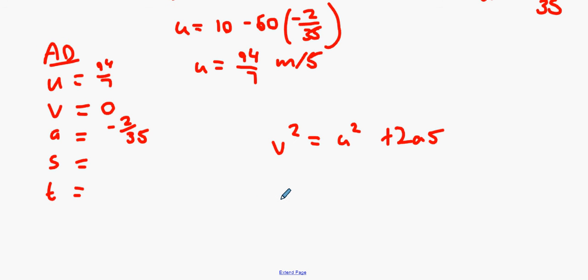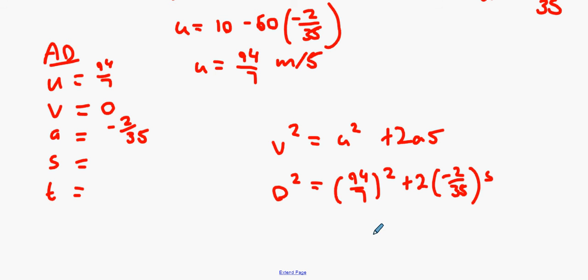And we're going to get 0 squared equals u squared, which is 94 over 7 squared, plus 2as, which is 2 times minus 2 over 35 times s. Now, what did I do here? Oh yeah, I did it all as one fraction. So, would everybody agree that's minus 4 over 35 s? Everybody cool with that? Move it to the left.